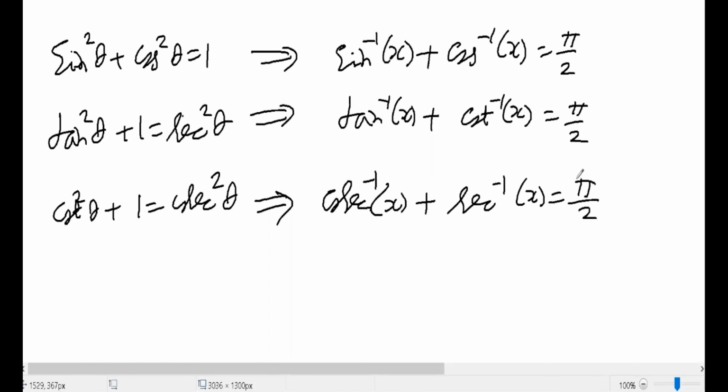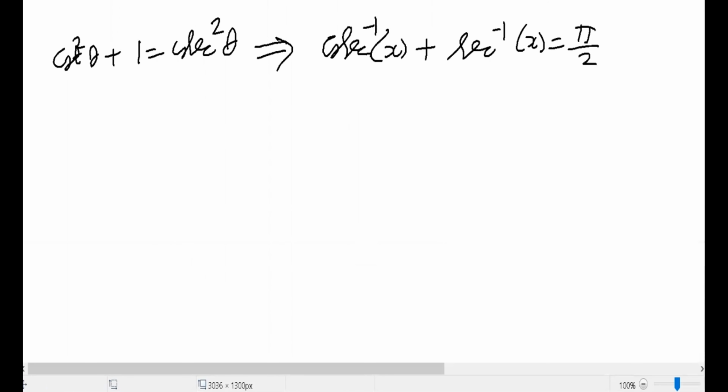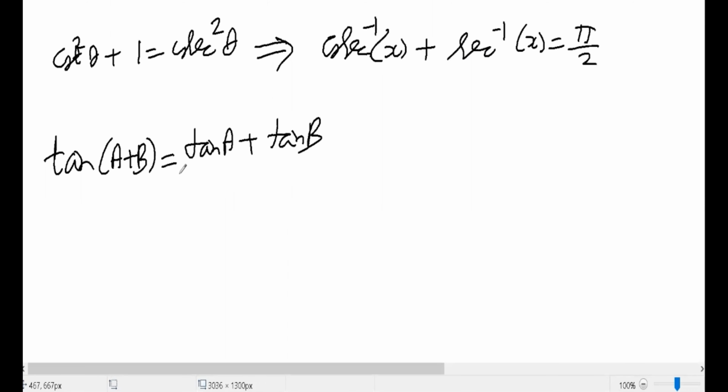We have proved all this in our earlier class. Now we also have one more trigonometric formula, tan of a plus b. You know what tan of a plus b is? It is tan a plus tan b upon 1 minus tan a tan b.